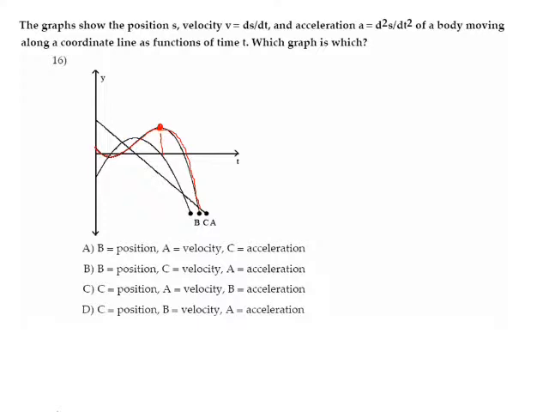It seems to also have a tangent line that's horizontal right here, and the other curve, the blue one, is going through 0. Notice everything else fits also.